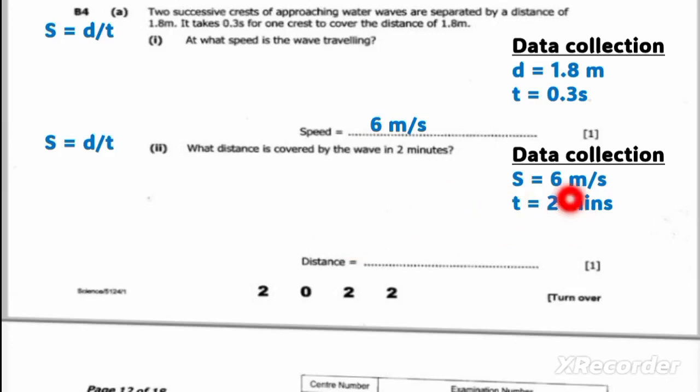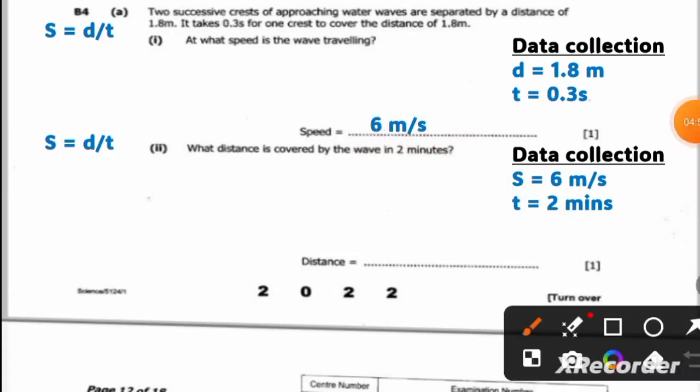As we can see, the speed we calculated is in meters per second. So let us convert 2 minutes to seconds. 60 seconds make 1 minute.